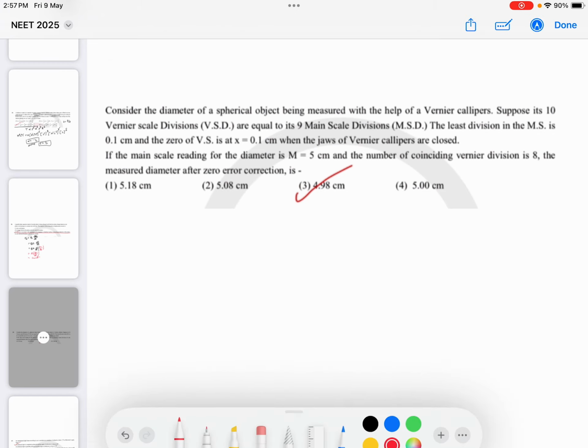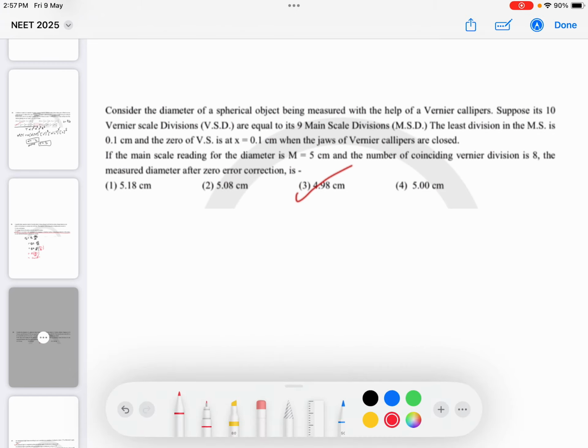Next one. This is a units and dimensions question, particularly the experimental physics topic. The question belongs to Vernier calipers.